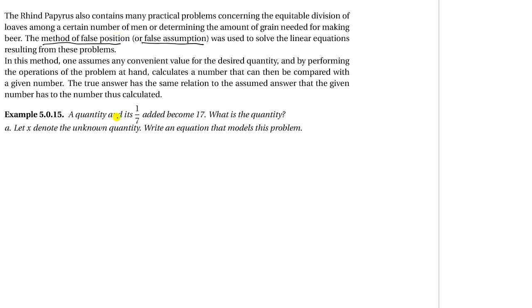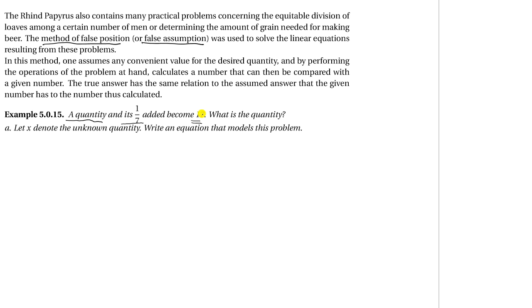So the question is like this. They have a quantity, we don't know what it is, and add its 1/7 amount. They know the result becomes 17 units, whatever the unit is. Then they're looking for the original quantity.